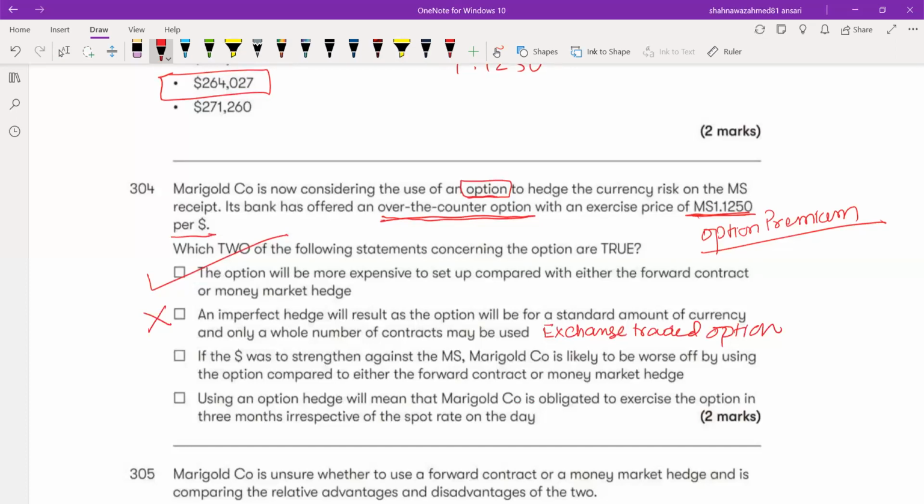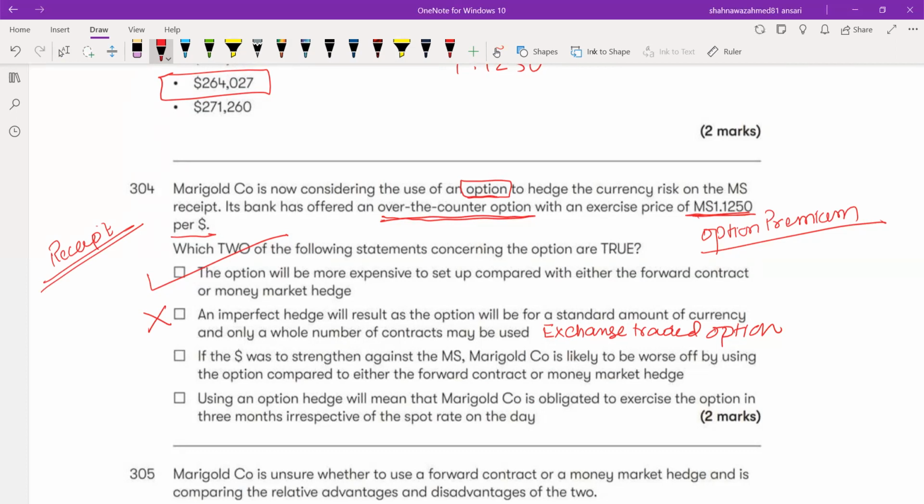Now see, we are expecting receipt. So our risk is the depreciation of MS. Depreciation of MS means appreciation of dollar.